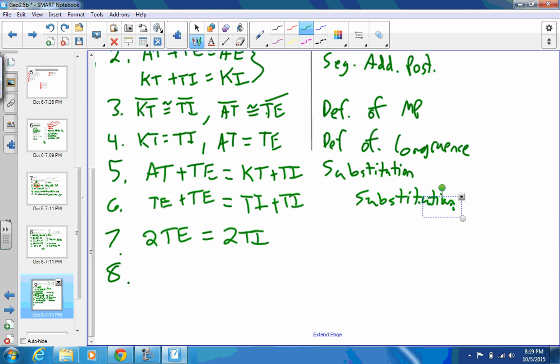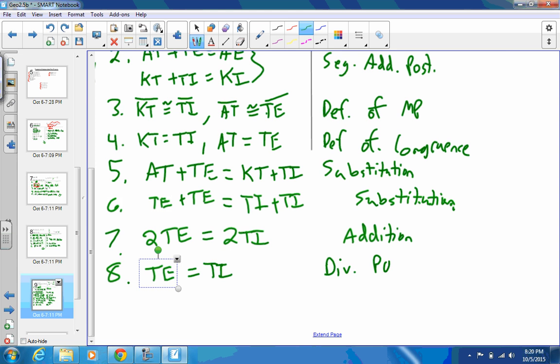I'm not going to give a reason to that one. TE plus TE would be 2TE. That's just simple addition. And then we can divide both sides by 2. That would be the division property of equality. I think that's what we needed to get to.